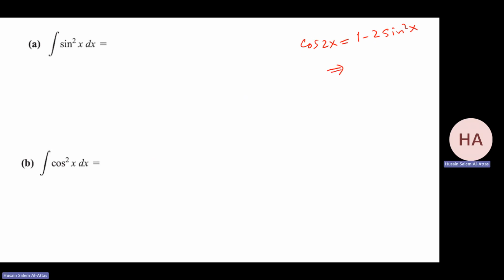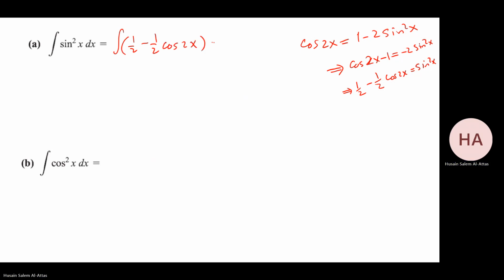So let me do it in details: it's minus 2 sine square, I divide by minus 2. That will give me half minus half cosine 2x is sine square x. So instead of doing integral of sine square x, I will do half minus half cosine 2x dx.